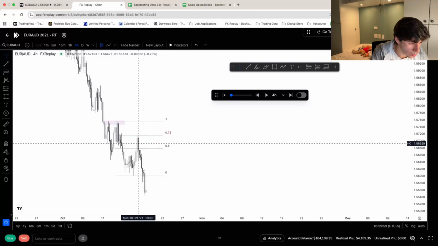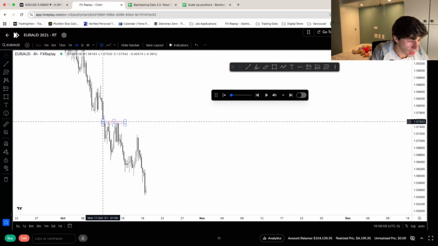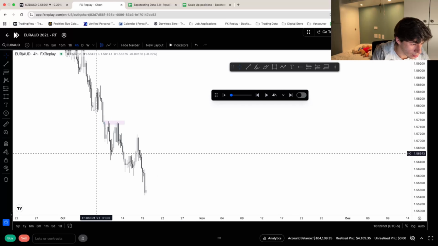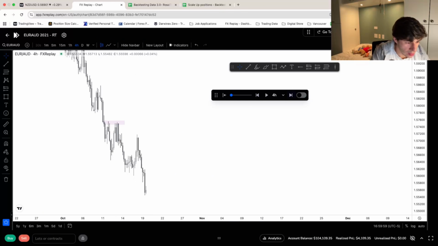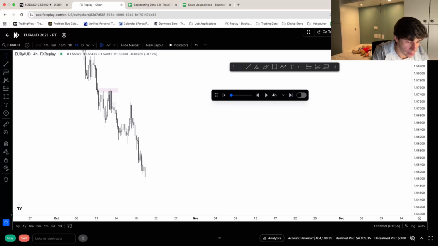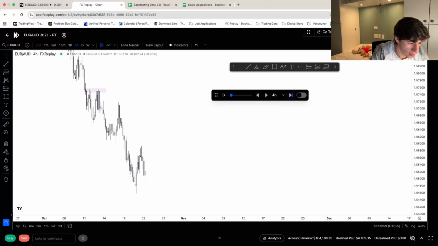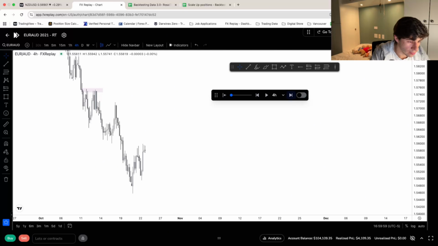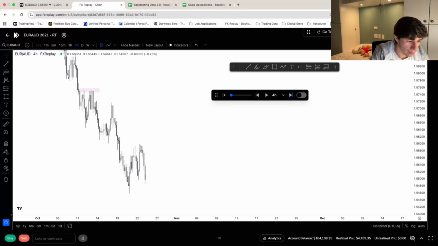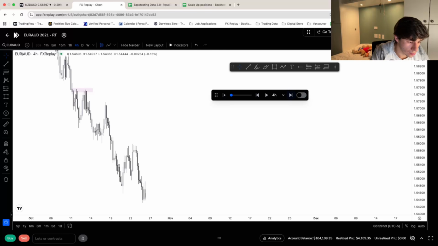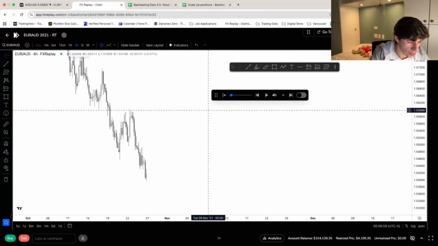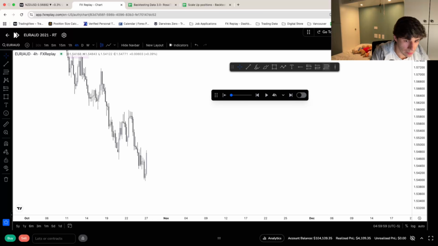I missed out on this one, but the thing is that there were equal highs and no liquidity sweep in this move. I would have avoided that position in the live market, so I can't lie to myself. This one is valid, this short. Okay.